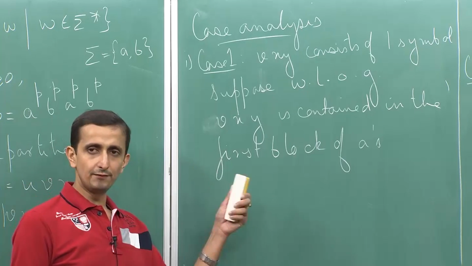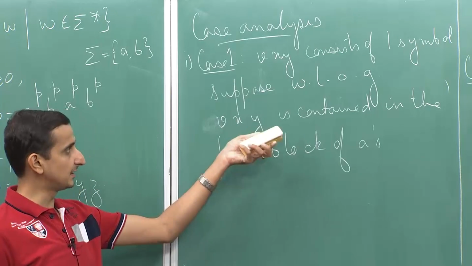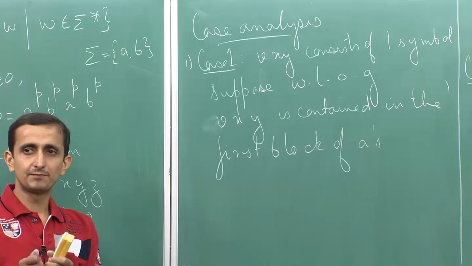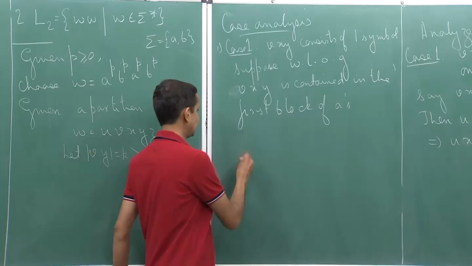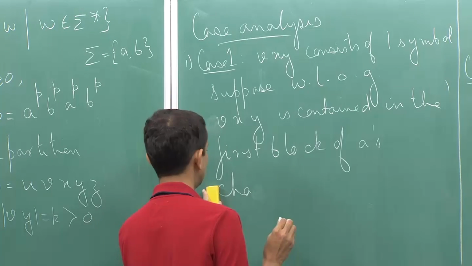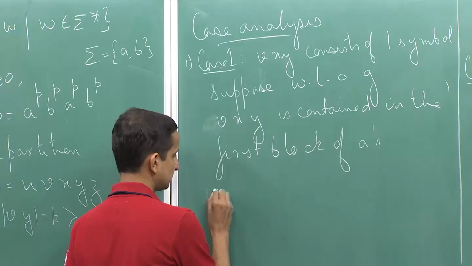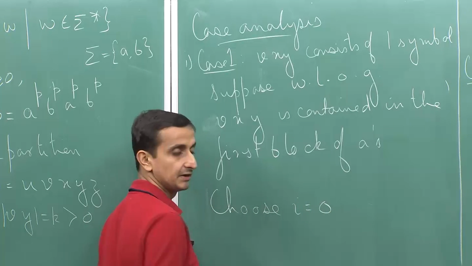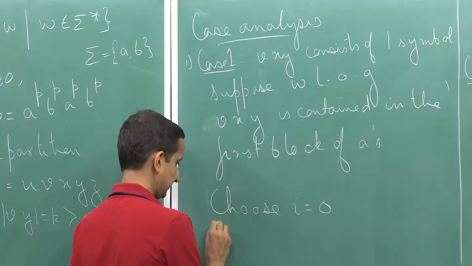Okay. So, what we will do in this case is that given a partition where we have Vxy which belongs to the first block of A's, it has some number of A's, we will choose i equal to 0. Okay.